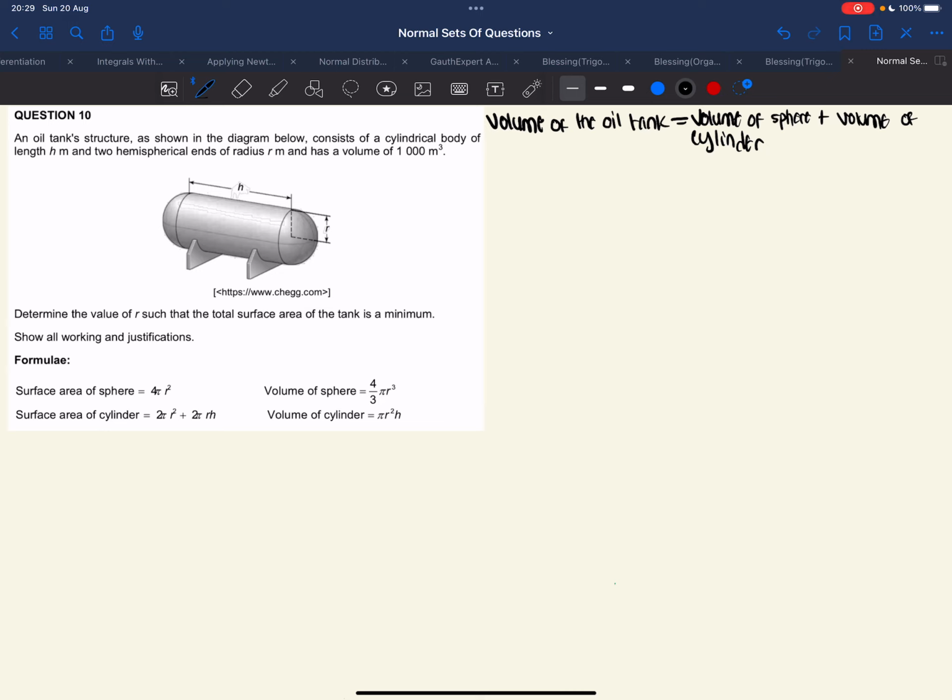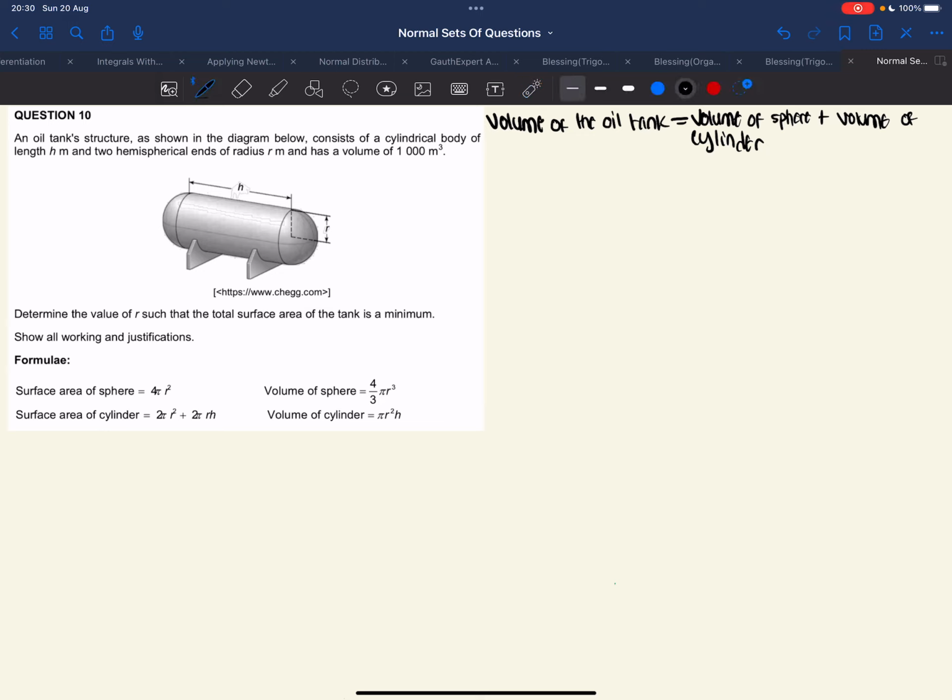You could have halved the volume of a sphere to get the volume of a hemisphere, then added the volume of this hemisphere and that hemisphere plus the volume of the cylinder. It would still give you the same thing, because if you add the volume of the two hemispherical ends, they give you the volume of a sphere. So that's why we say the volume of a sphere plus the volume of a cylinder.